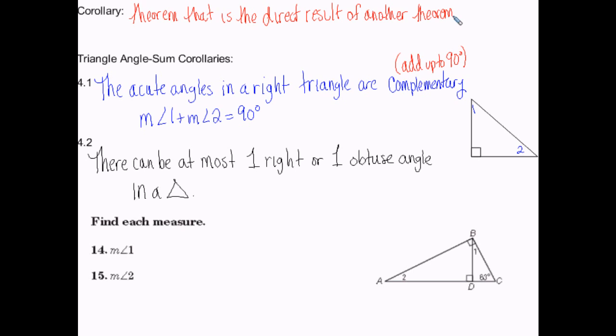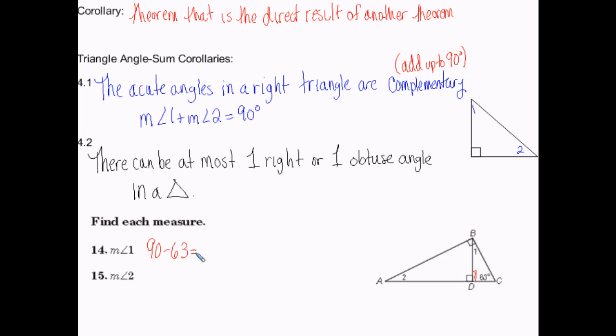Okay. We can use the 90 degree part to find other angles. If we look at this triangle, I have a 90 degree angle here, which means I also have a 90 degree angle here. Both of these will be 90 degrees. And if this is 90 degrees, these two have to add up to 90 degrees. So to find angle 1, I can just do 90 minus 63.